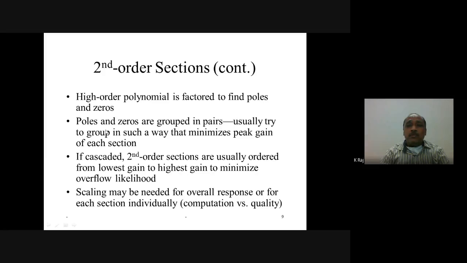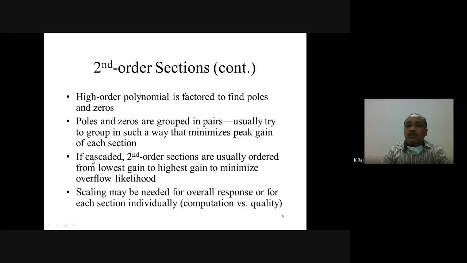The high order polynomial is factored to find the poles and zeros, and the poles and zeros are grouped in pairs. Usually try to group in such a way that minimizes the peak gain of each section.